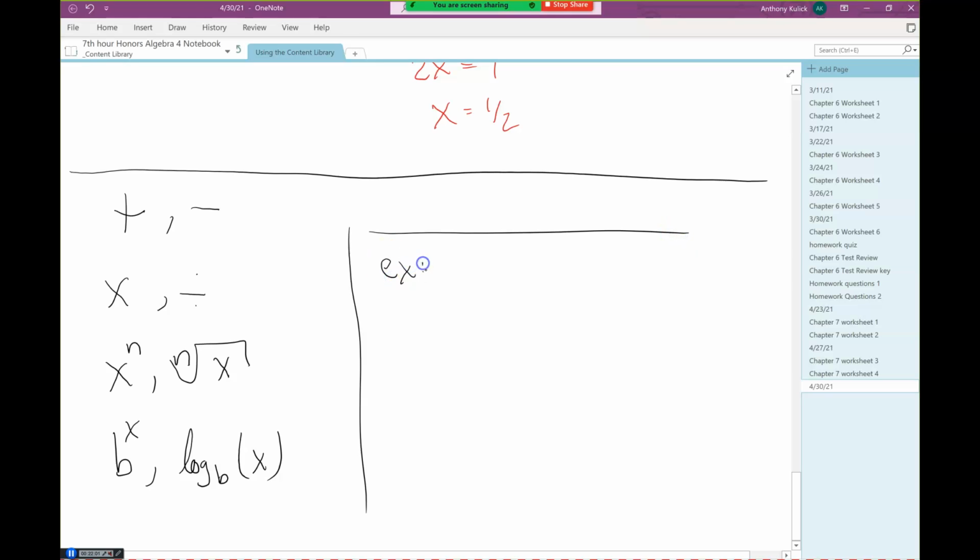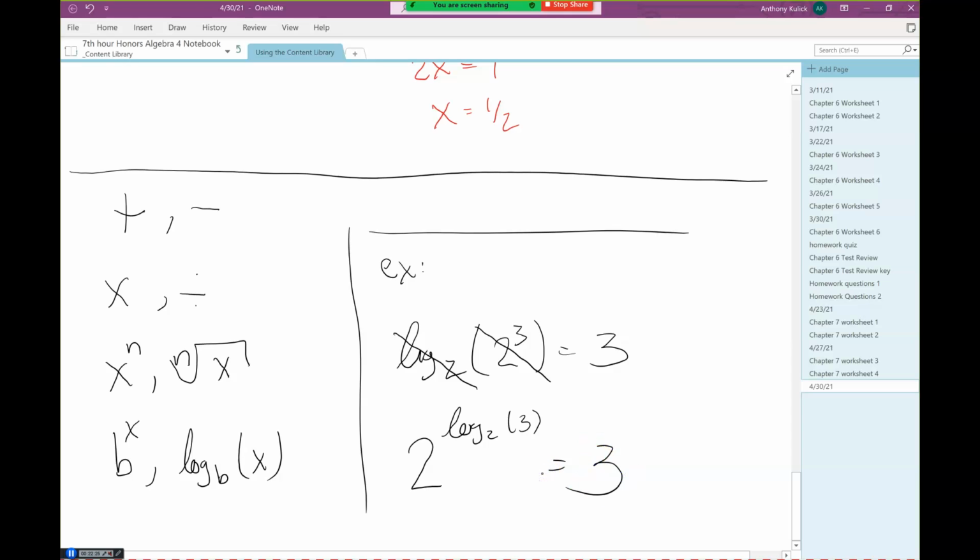So for example, if I did log base 2 of 2 to the third, that should just be 3, because the log base 2 would cancel the exponent base 2. Similarly, if I had 2 to the log base 2 of 3, that would also equal 3, because the exponent base 2 would cancel with the log base 2, leaving me with just 3.